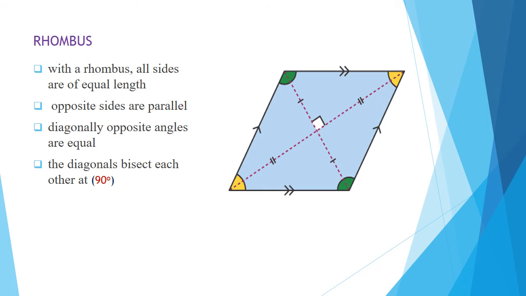So that's another way of differentiating between a rhombus and a square: the lengths of the diagonals are not equal in a rhombus. But for a square, the diagonals are equal in length.